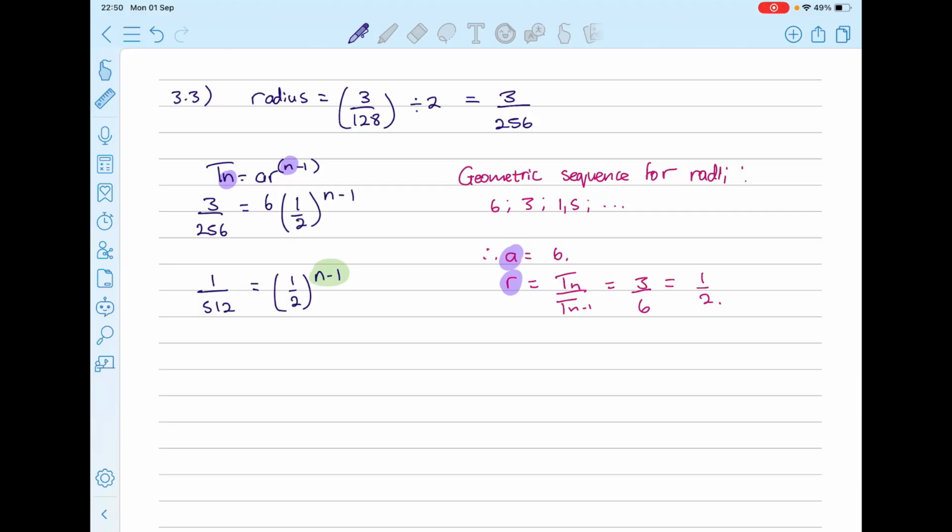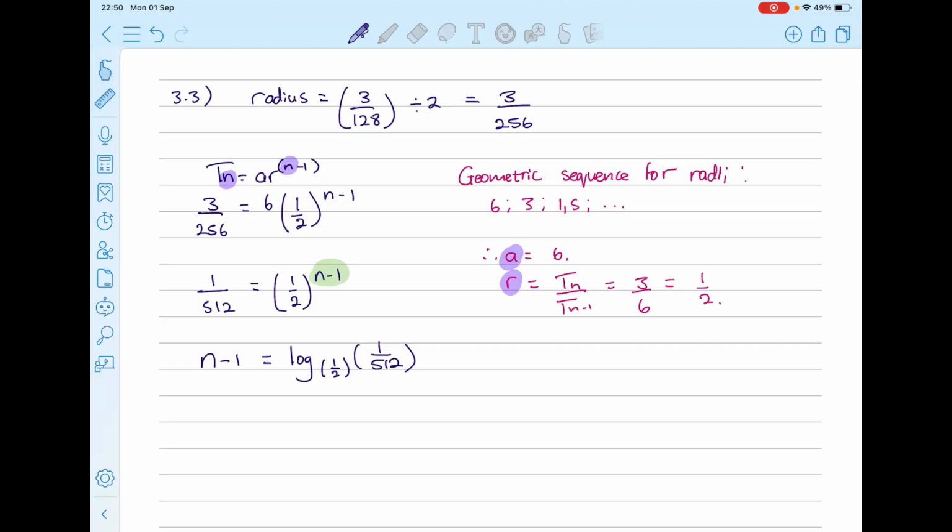Okay, so when you apply logs, your unknown is what you write as the subject of the formula. For us, that's n minus 1. And it would be equal to log the base of the exponent, which is a half, and then the log answer, which was 1 over 512.